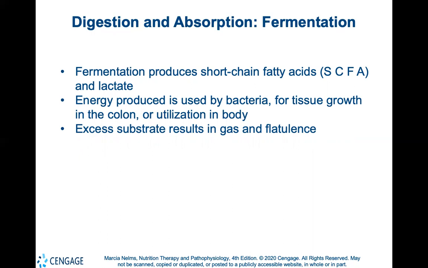Some of the energy produced during fermentation is used directly by bacteria for their own support. As short-chain fatty acids, they release 150 to 200 kilocalories per day for human hosts. When there is excessive substrate in the colon, such as undigested carbohydrate, gas and flatulence may result.